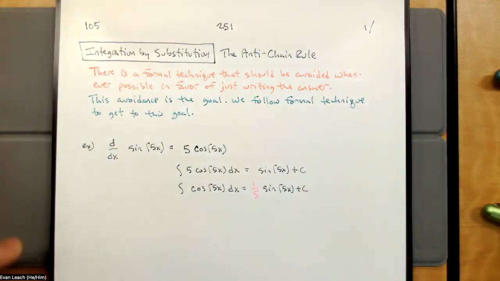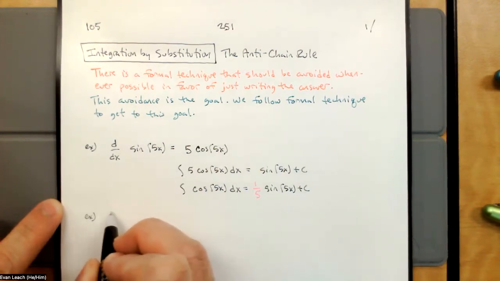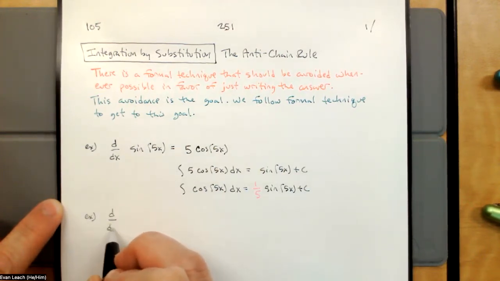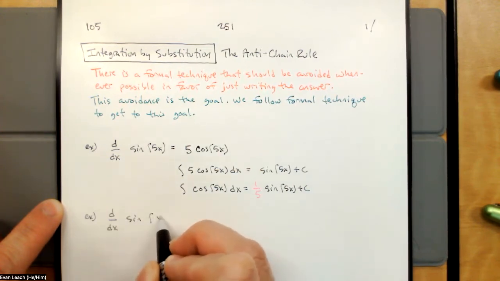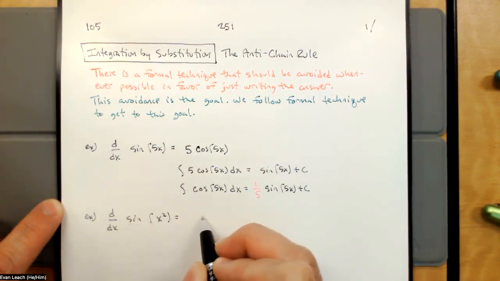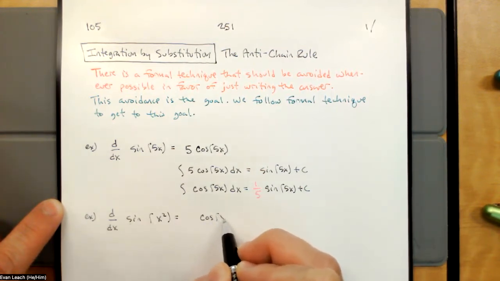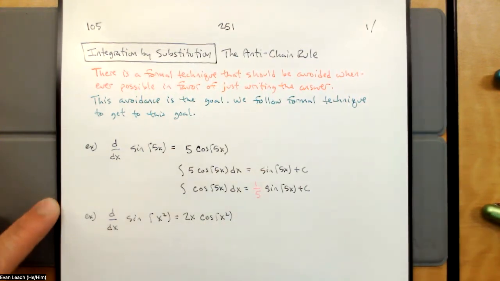So let's take, for example, if we have the derivative of sine of x squared, the derivative of sine of some stuff is cosine of that stuff, and then times the derivative of that stuff. So we get this 2x.